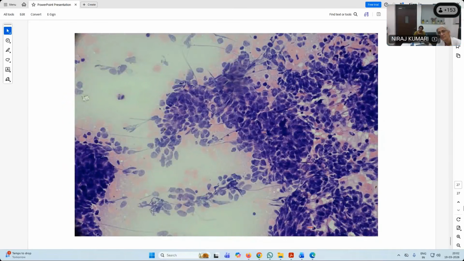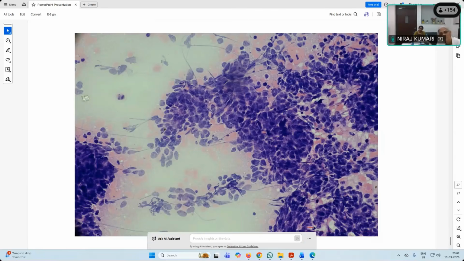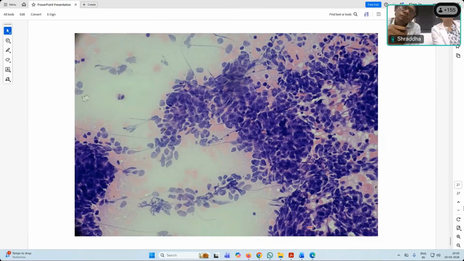Do you have other neoplasms, other than small cell neuroendocrine carcinoma, which have neuroendocrine-like salt and pepper chromatin and neuroendocrine-like morphology? Olfactory neuroblastoma. Okay, olfactory neuroblastoma, good. Anything else in the lung?